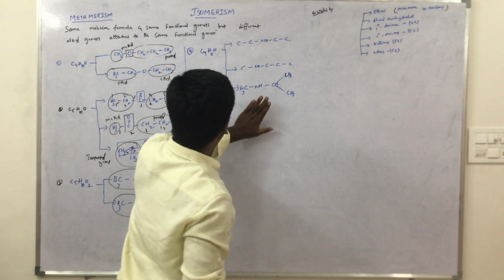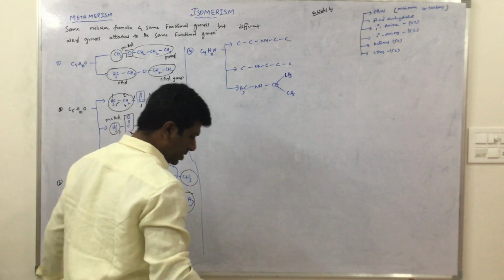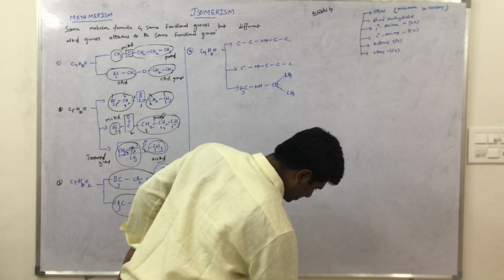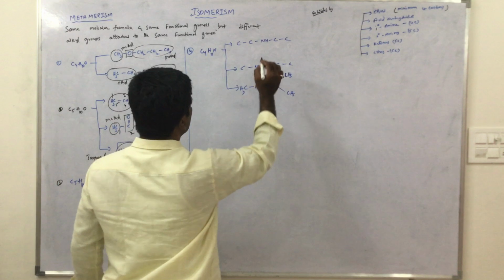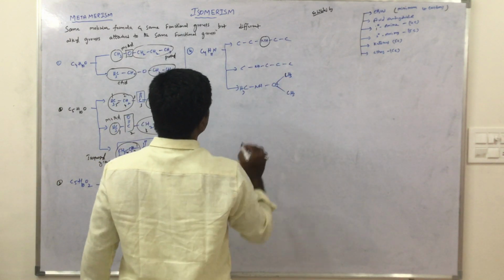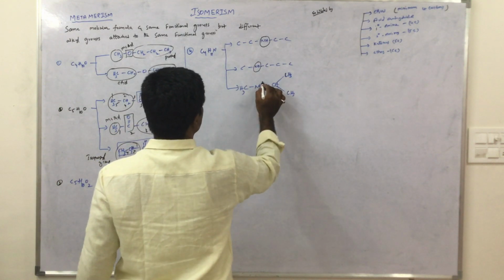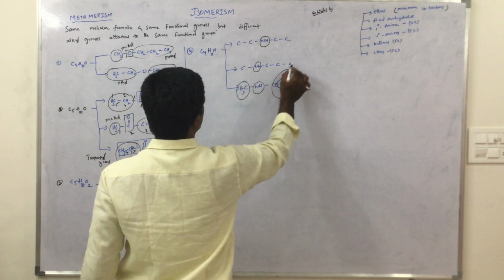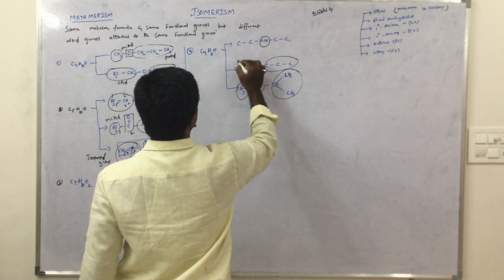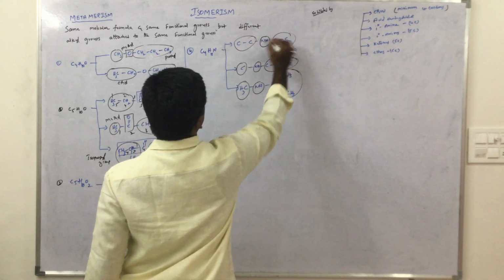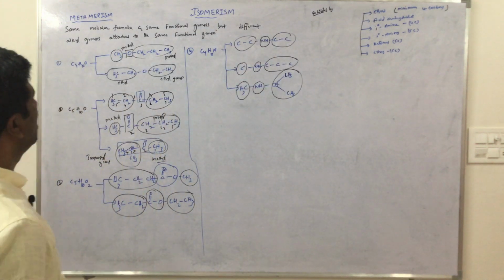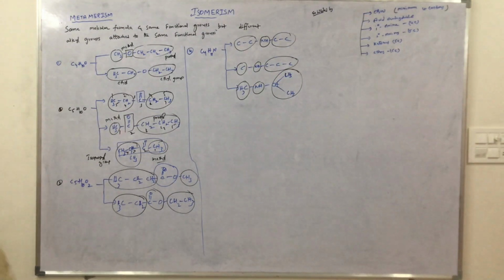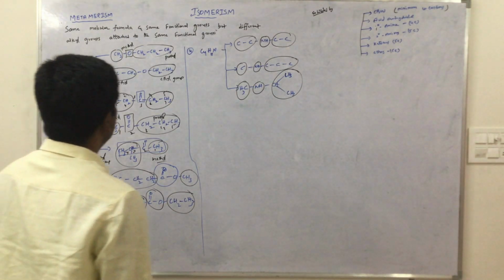NH is the functional group. This is isopropyl and methyl, this is propyl and methyl, this is ethyl and ethyl. Satisfied as per our definition, right?